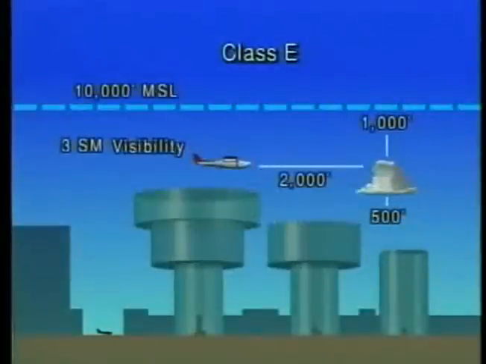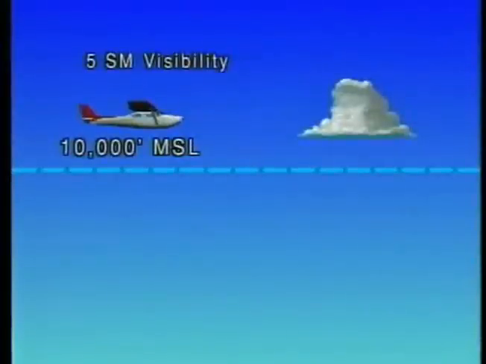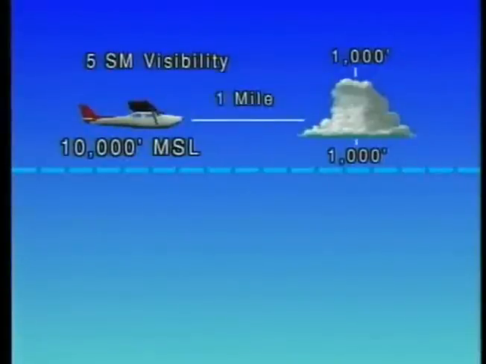These same minimums apply in Class E airspace below 10,000 feet MSL. In Class E airspace above 10,000 feet MSL, though, the minimums increase. You must maintain 5 statute miles flight visibility and maintain a distance from clouds of 1,000 feet below, 1,000 feet above, and 1 statute mile horizontally.